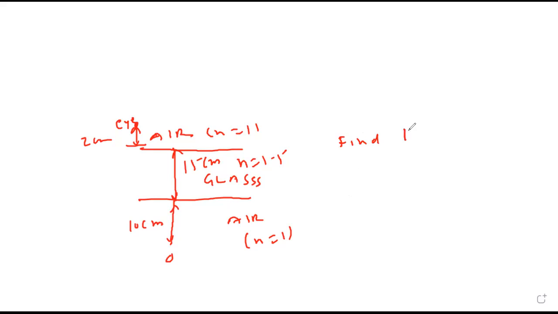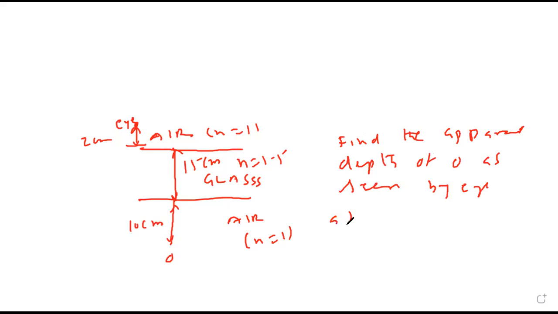Find the apparent depth of O as seen by I. Options are 40 centimeter, 20 centimeter, 30 centimeter, and 60 centimeter.